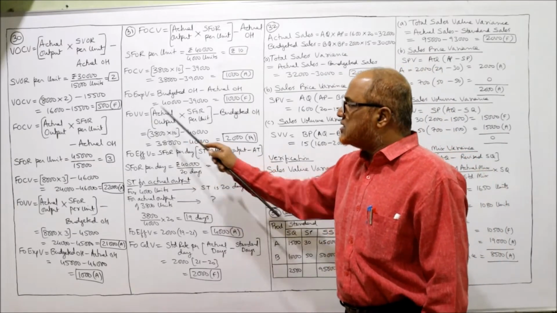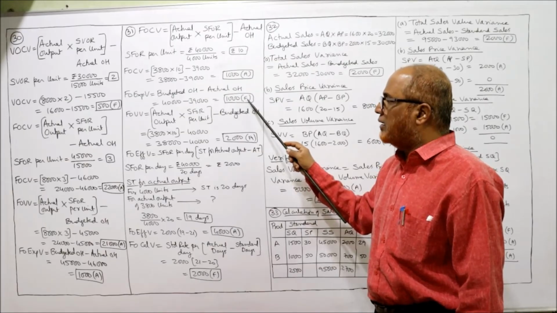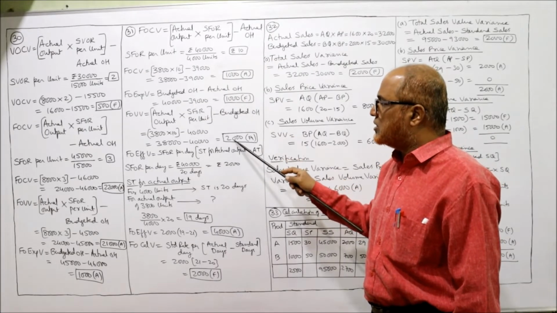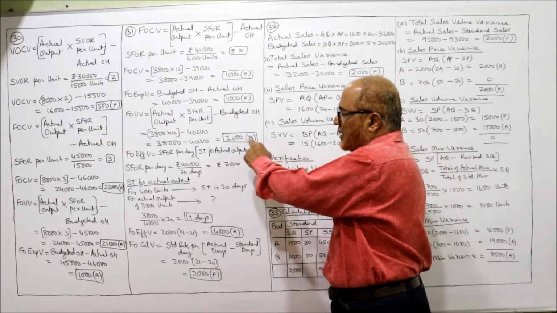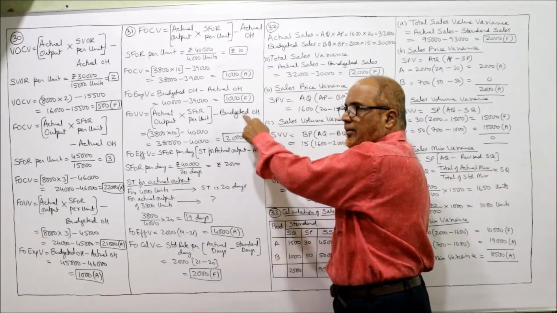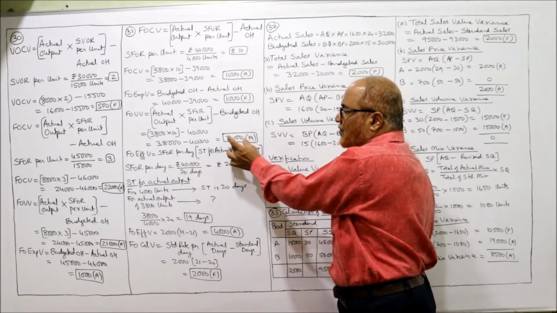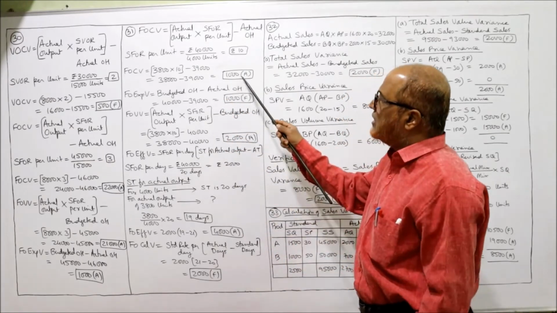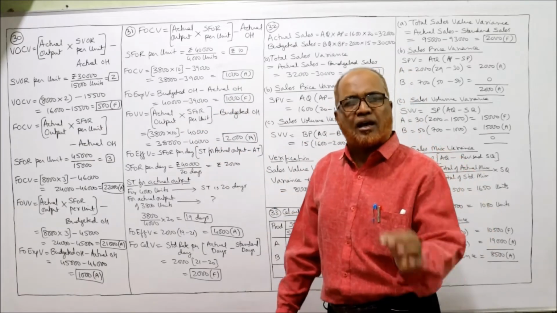Adverse is 2,000, favorable is only 1,000, so from 2,000 deduct 1,000. 1,000 adverse will remain. Check whether 1,000 is there or not. Yes, FOCV 1,000. That means our calculations are correct.